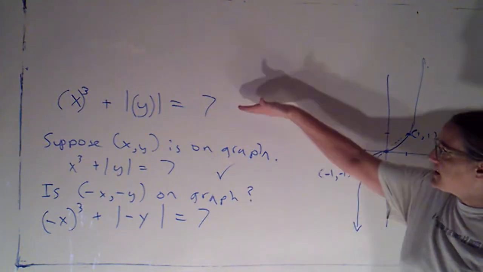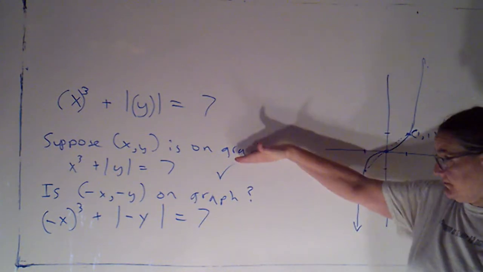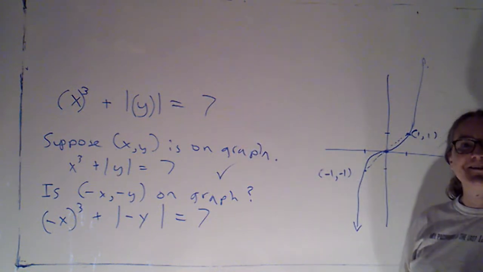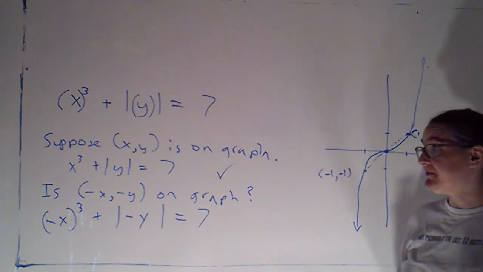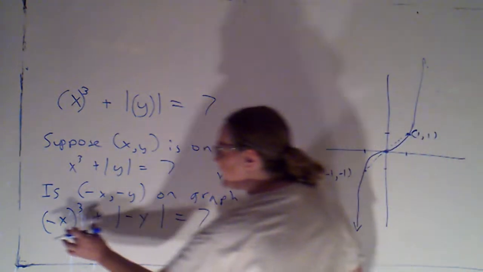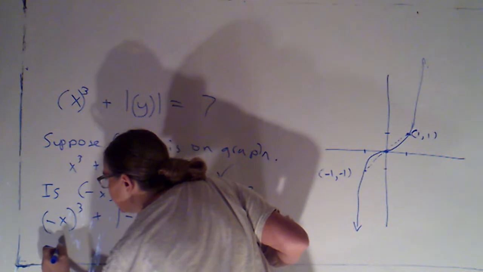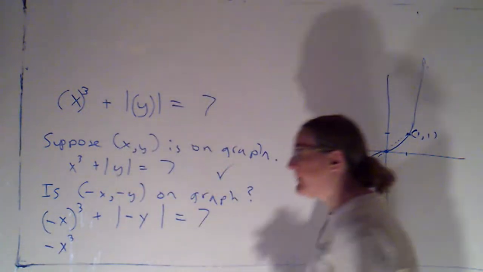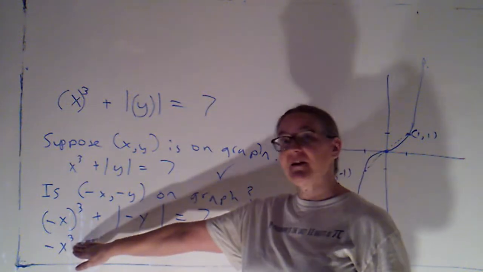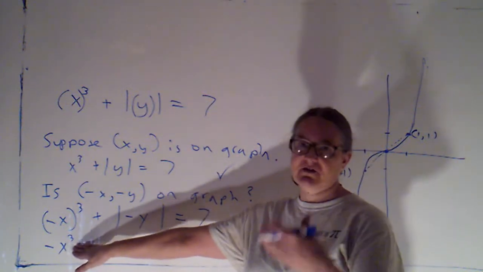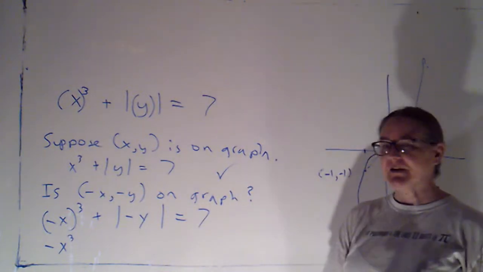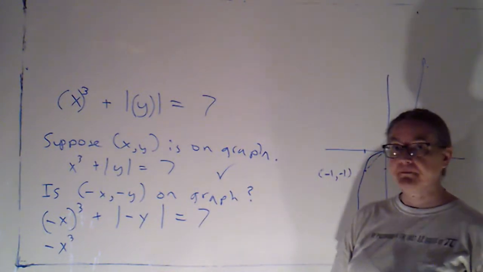If it simplifies to the original equation, which I now suppose is true, then I know that yes, that point is on the graph. If it doesn't, if it simplifies to something else, then it's on a different graph. All right, the opposite of x cubed is just going to be the opposite of x cubed, because I'm going to have 3 factors of that negative sign, which is still going to give me a factor of negative 1.